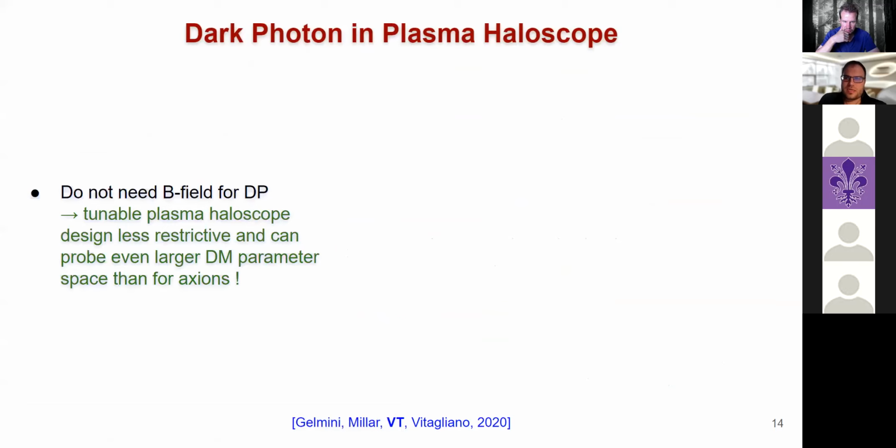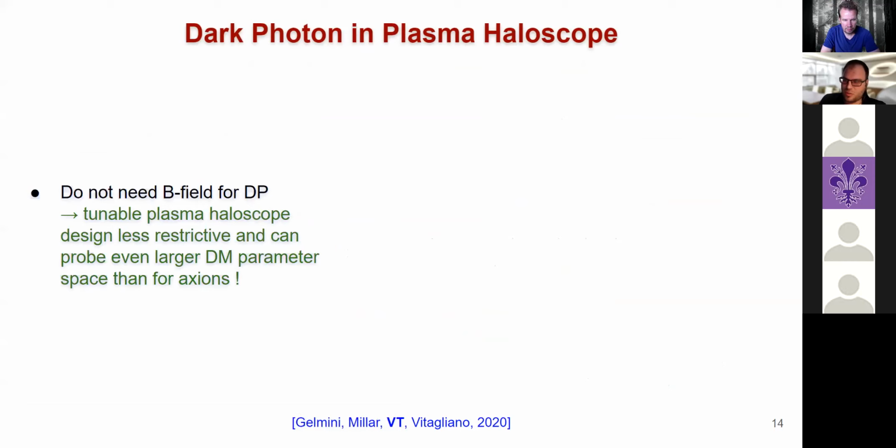Now, as I mentioned before, you do not need a B field for the dark photon studies like you do for the case of axions. What this means is that your detector design is less restrictive, because if you're considering a 1 meter square detector and you need a B field, then this obviously needs to be taken into consideration because there is also cooling and so on.